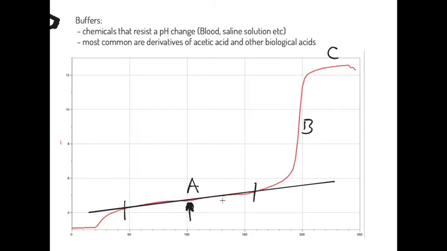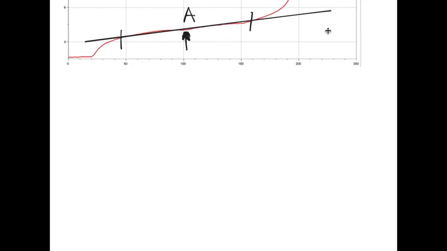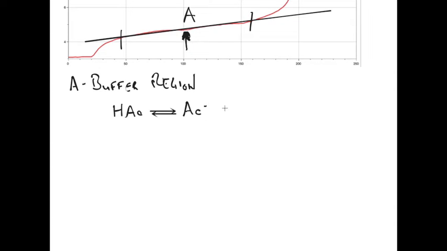Now we're going to take a look at the buffer region from the perspective of a chemical equation. Bet you didn't see that coming. So, A is our buffer region. In our buffer region, we have acetic acid in equilibrium with our acetate ion and our protons.